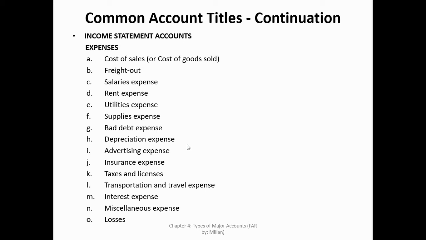Binenta mo ng 100 pesos. So yung 100 pesos, sales mo yon. Pero yung 80 pesos, kung magkano mo binili yung mga damit, ang tawag doon ay cost of sales or cost of goods sold. Yun yung cost ng item na binebenta mo. So, yun yung cost of sales.